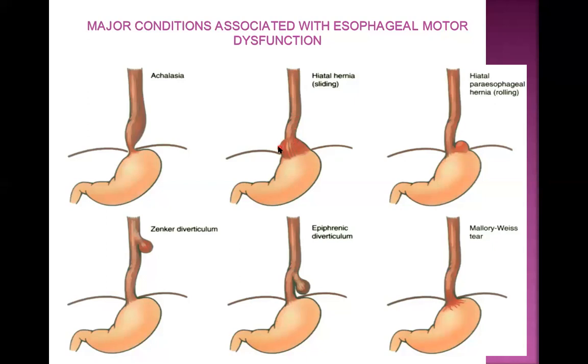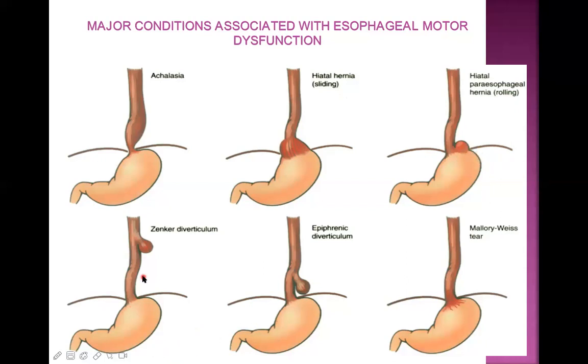Barrett esophagus is one of the chronic complications of sliding type of hiatal hernia because of GERD. Whereas paraesophageal hernia doesn't have those features because the LES is still in the abdominal cavity. But there is a high chance of ischemia. This part can develop ischemia and undergo necrosis. That is another big complication.